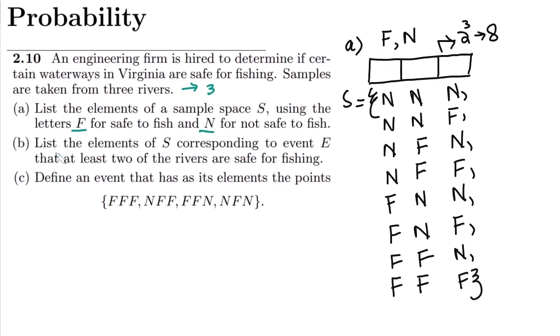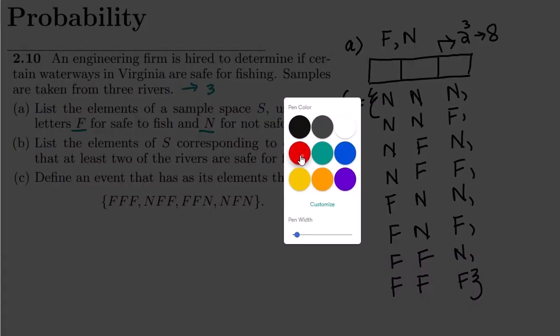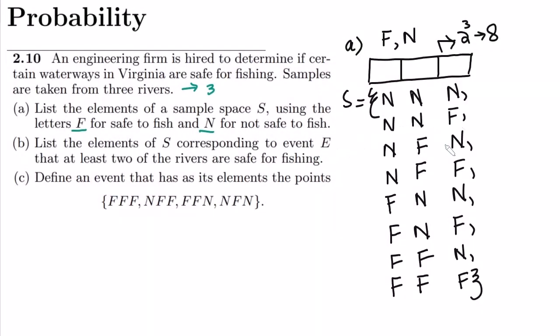Similarly, in part B, what is asked is to list the elements of S corresponding to event E. Okay, so now we have another set, which is E, and it is basically a subset of S, such that at least 2 of the rivers are safe for fishing. So we have to select the items in which 2 of the rivers are safe, or 2 F's are present. Let me mark them down first.